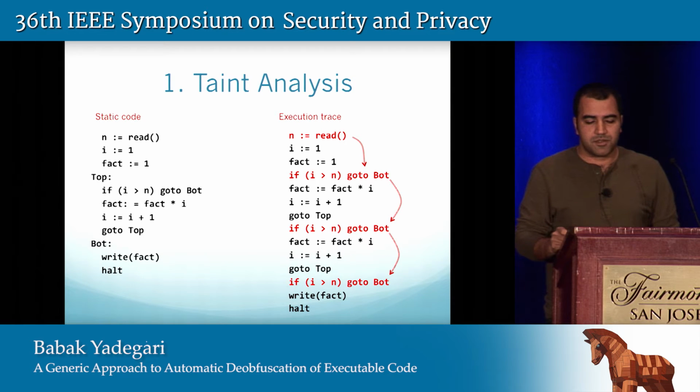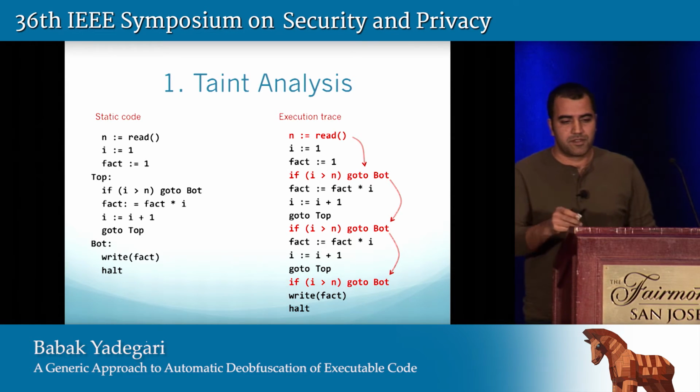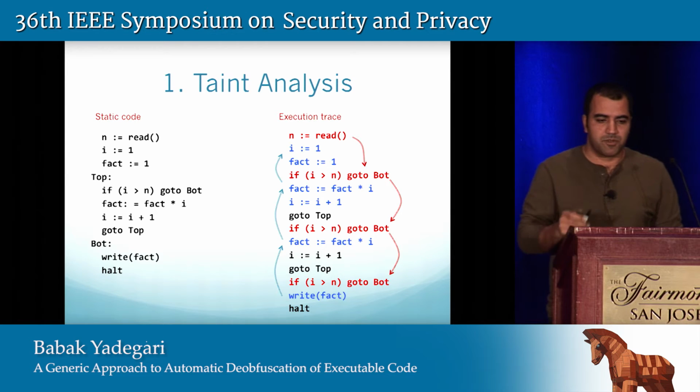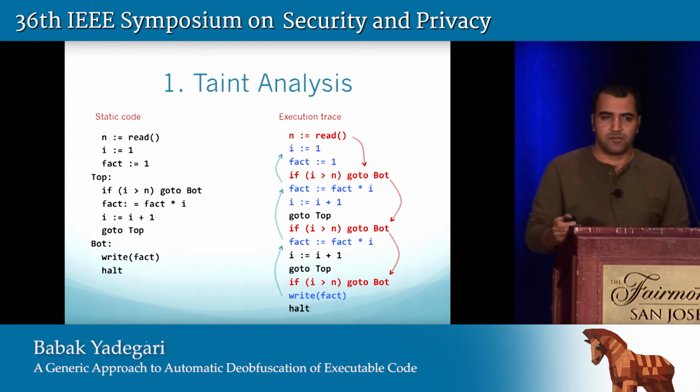The first step is finding the inputs and outputs of the program. The read here is an input to the program. We first identify these and propagate taint forward from this input. This identifies the 3 if statements in the program as being forward tainted. Then we do a backward taint on the outputs of the program.